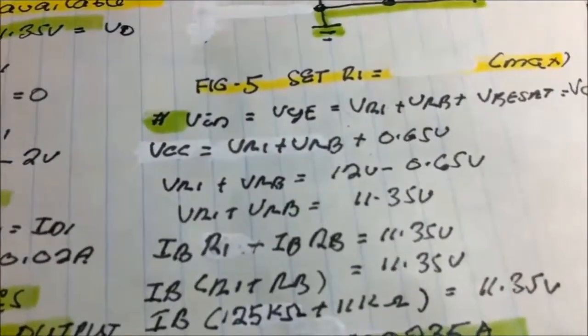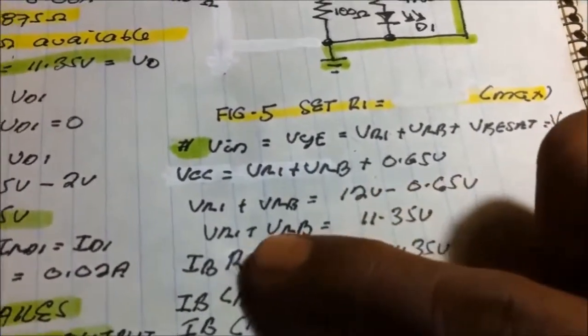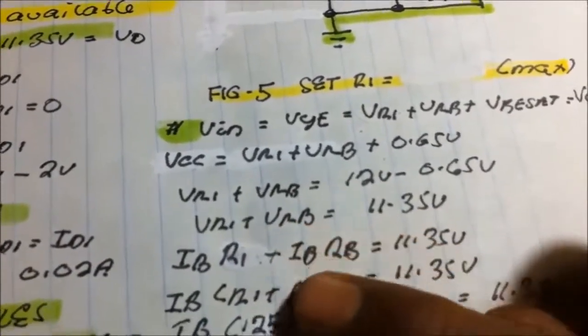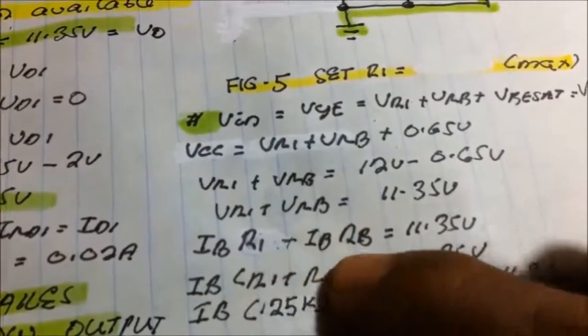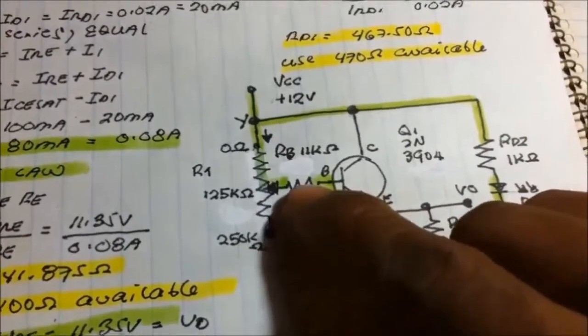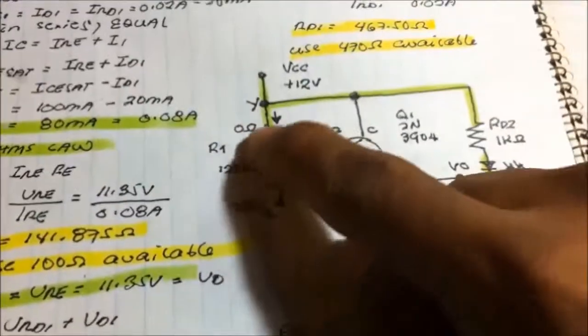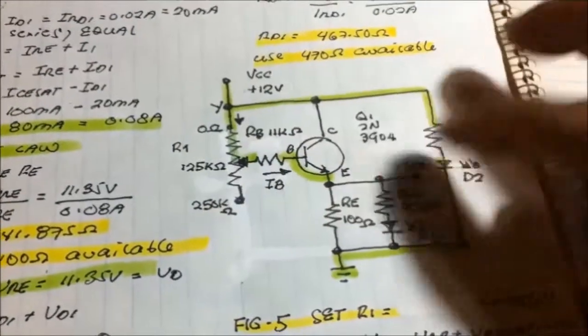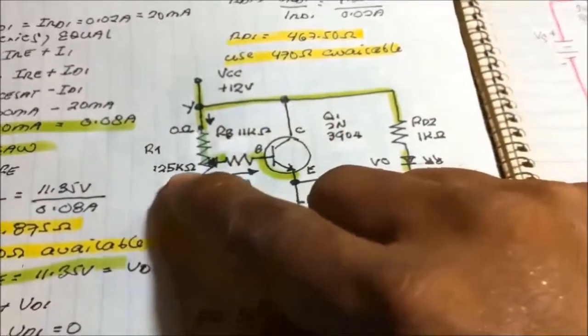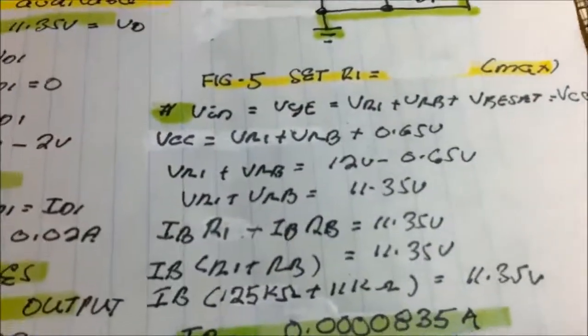Okay, let us now see here. We derive this equation: 11.35 equals VR1 plus VRB, in terms of IR from Ohm's law. Since the base current through RB is equal to the base current through R1, they are in series in this setting. R1 is in the 125 kilo ohms range.